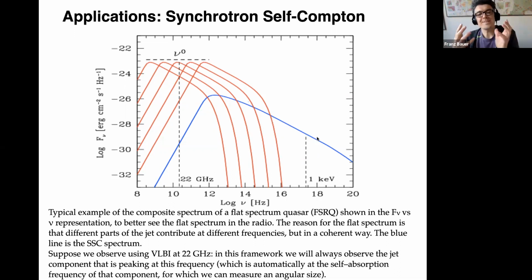And so if you can decouple all these things, if you can resolve the jet, and typically people are using VLBI at 22 gigahertz, for instance, to do this, they can start to measure the angular sizes of these and really start to pick apart what's going on with these sources.